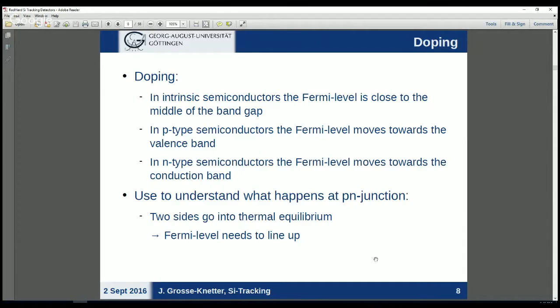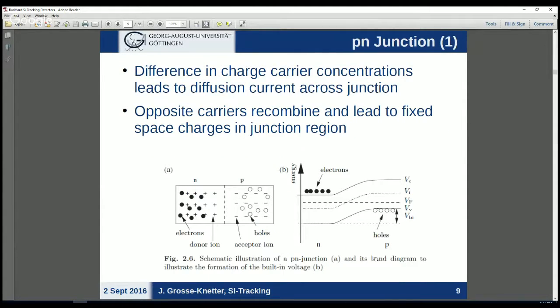Now you can imagine when one is closer to the valence, one is closer to the conduction band, the bands have to migrate somehow to make the Fermi levels meet. So in a picture on the next slide, you see what happens. So we have the n-type and the p-type doping, one with more electrons, one with more holes.